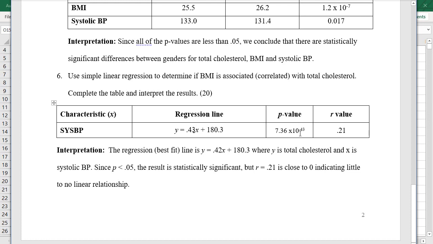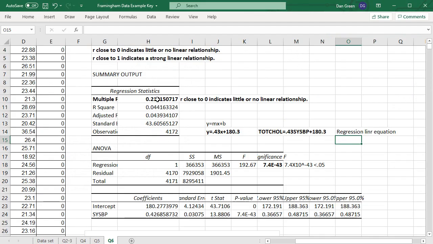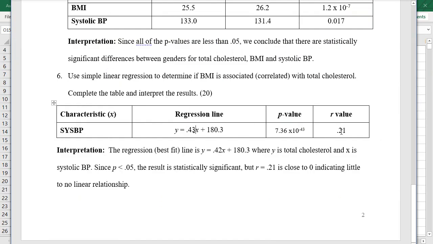Remember that scientific notation means move the decimal to the left 43 places. So that's very small. And then the r value, the coefficient of correlation, that's the multiple r, is 0.21. And how do we interpret this?